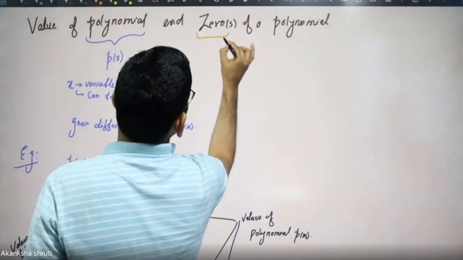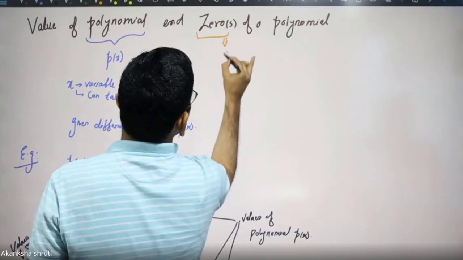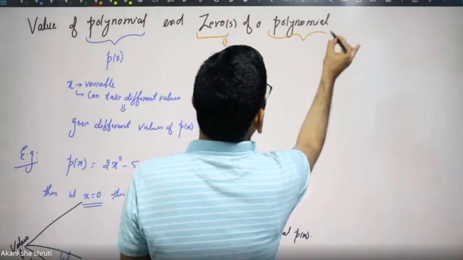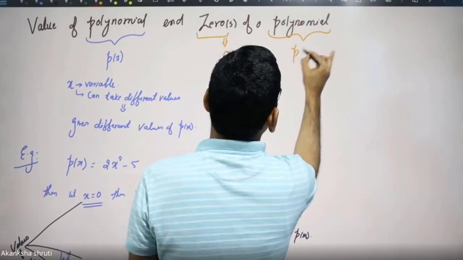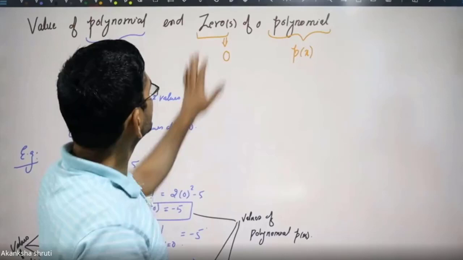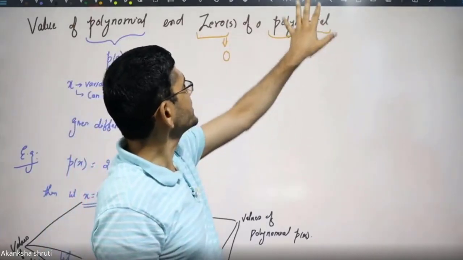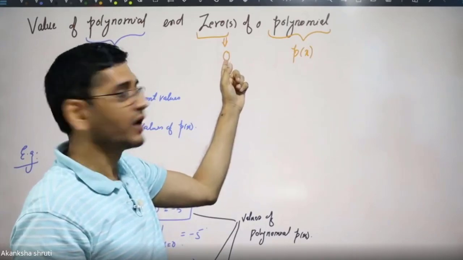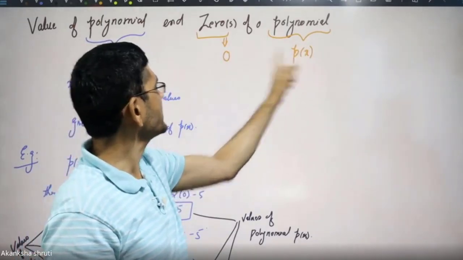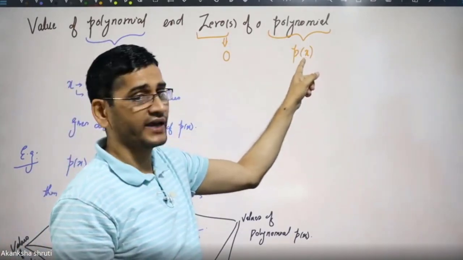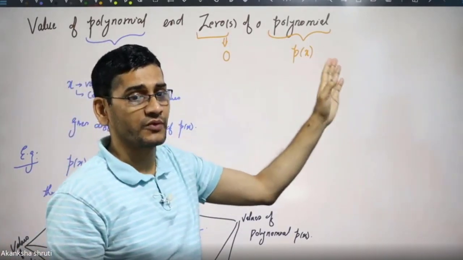Zero means something going to give us zero of polynomial. The polynomial is p(x). Zeros of polynomial means the polynomial has to be made zero.